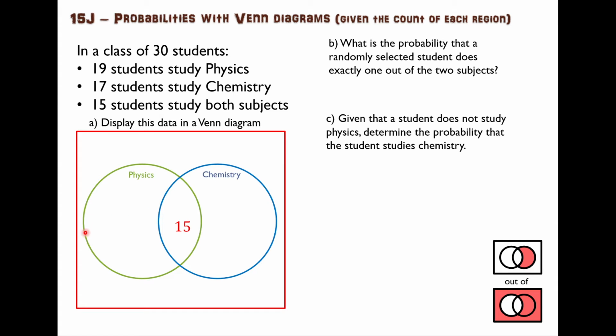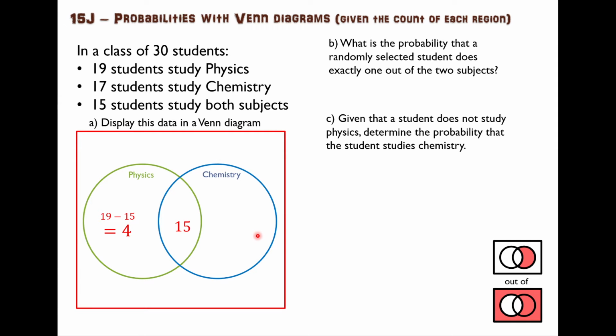There are 19 in the physics circle, minus 15 who also study chemistry, which means that there are 4 left over. Let's just double check. The size of this physics circle is 4, the size of this region, plus 15, which is the size of this region, which is 19. Cool. So 19 students study physics.